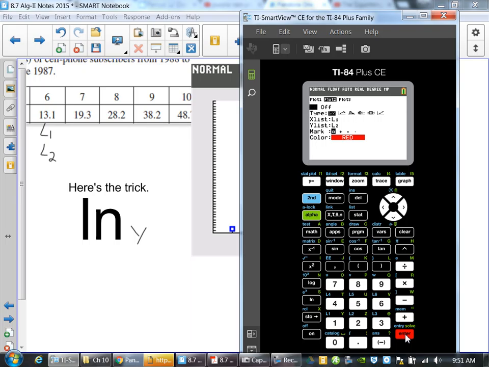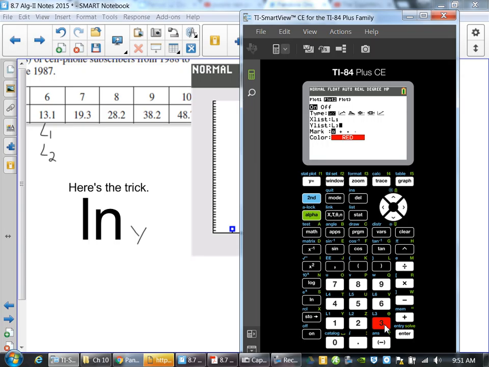We want our X list to still be L1, but I want my Y list to become L3. L3 is second 3. And that's how you change it to list 3. Everybody see that?